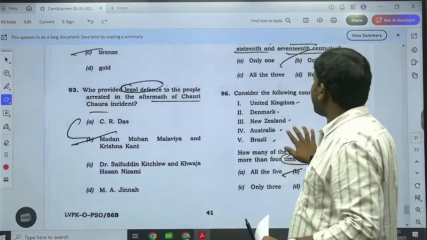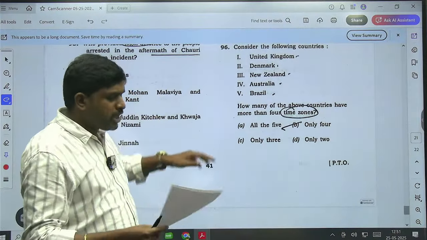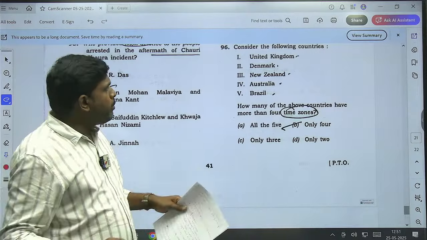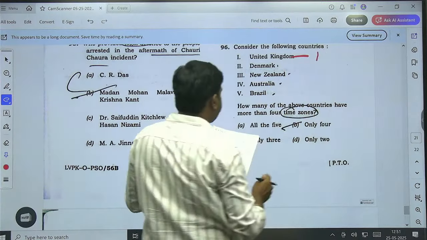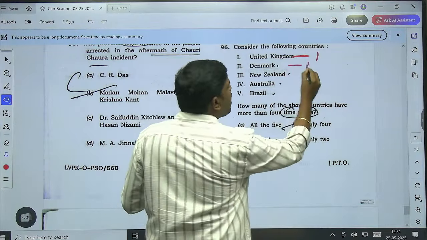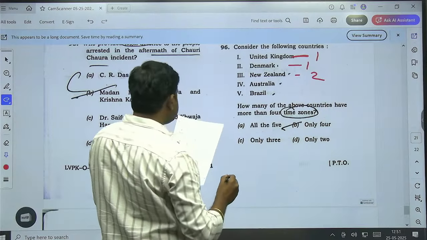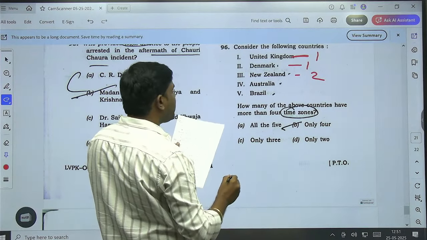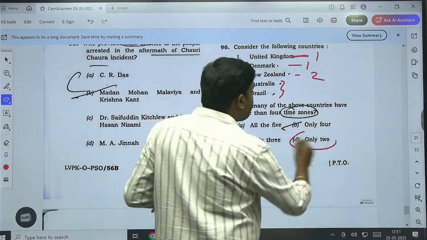we have again, consider the following countries. How many of the countries have more than 4 time zones? For example, the UK has only one time zone. Denmark has only one, whereas New Zealand has two, and Australia and Brazil have large geographical areas, so multiple zones. So the answer would be D, only two.